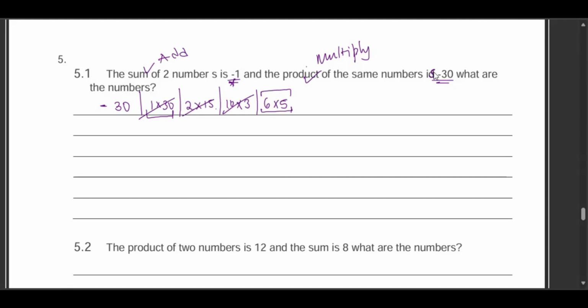That means it's supposed to be -6 plus 5. -6 plus 5, it will give me a -1. So the numbers are -6 and 5.